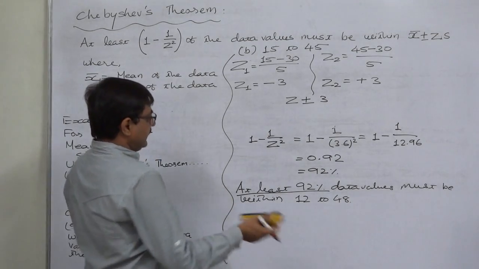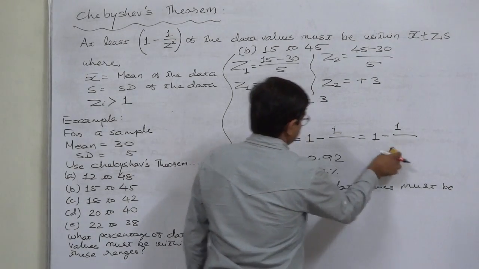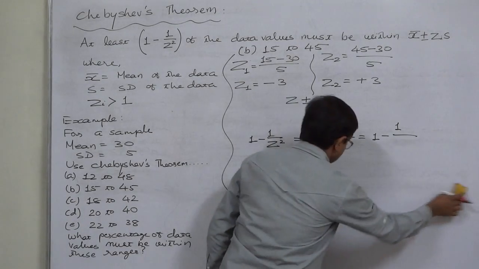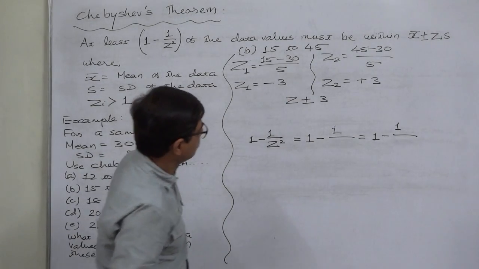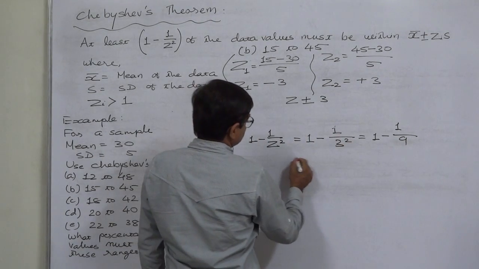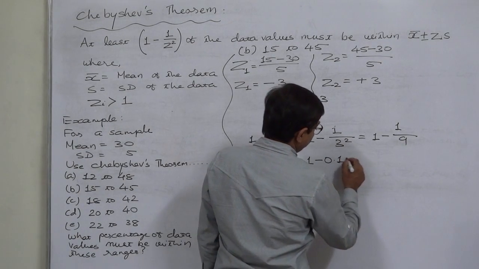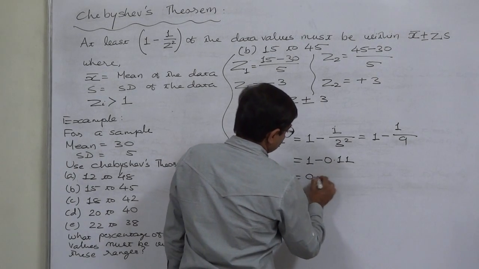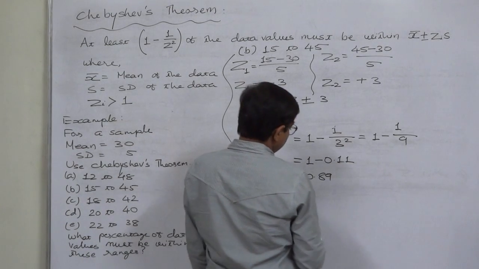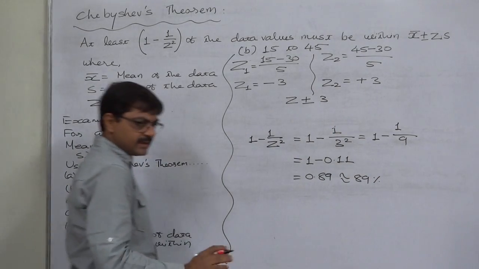Again, let us put the value of z in the formula. One by 9 comes to approximately 0.11. So the factor comes to approximately 0.89, that is 89% approximately.